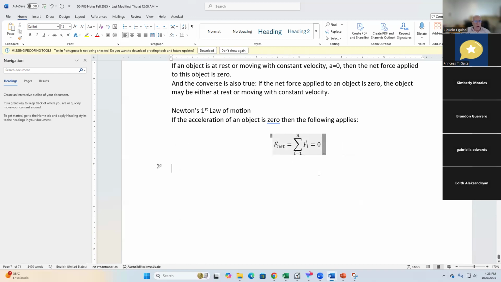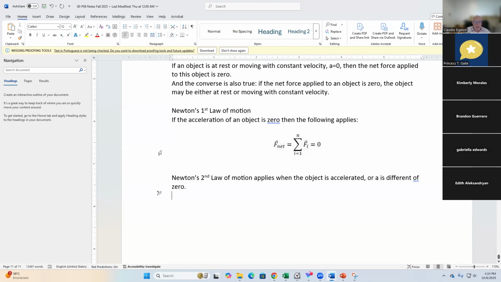Now, Newton's second law of motion applies when the object is accelerated, or a is different from 0.